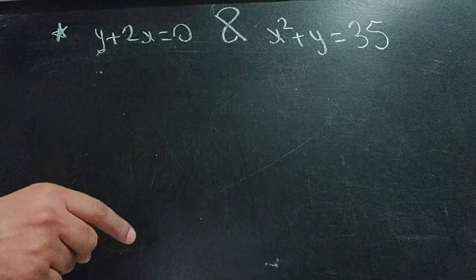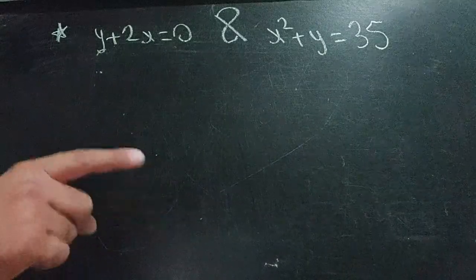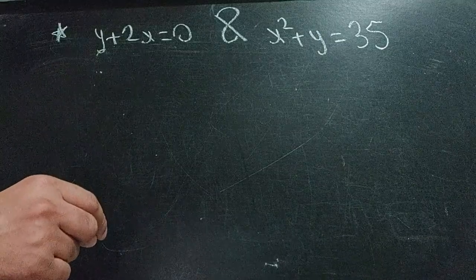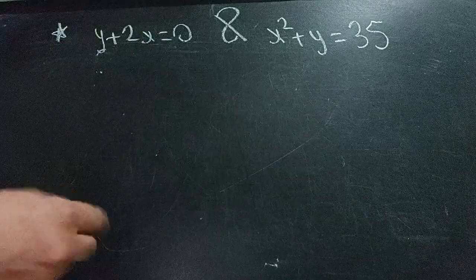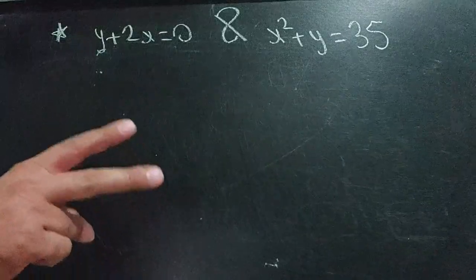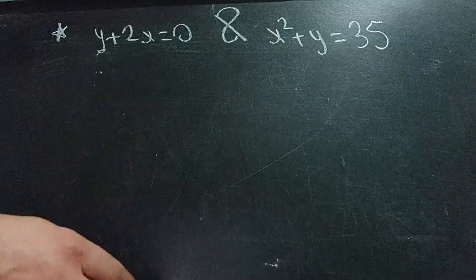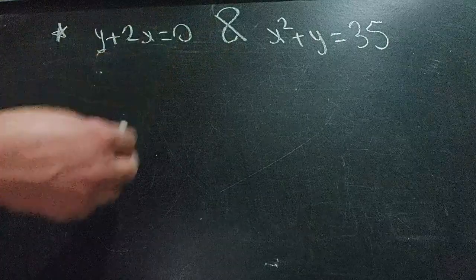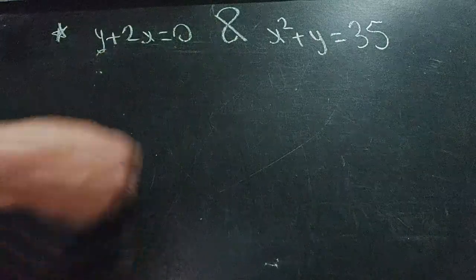I suggest you generally use the elimination method for simultaneous linear equations, but for simultaneous quadratics I suggest you use substitution. Substitution is going to be much easier. You can use elimination, but it is going to make your solution longer.